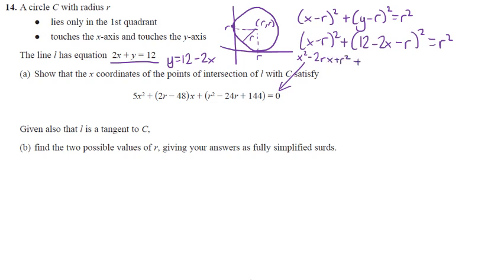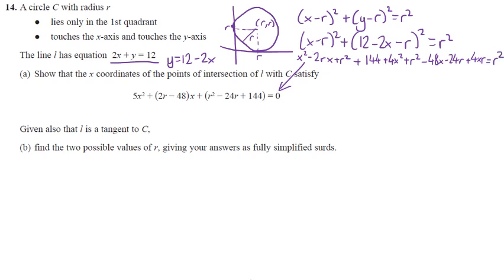The second one, you might just want to write out two brackets and do it a term at a time. But this gives, if you multiply that out, 144 plus 4x squared plus r squared minus 48x minus 24r plus 4xr and then that's equal to r squared on the right hand side.